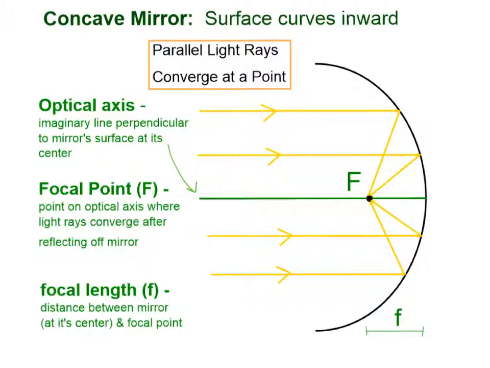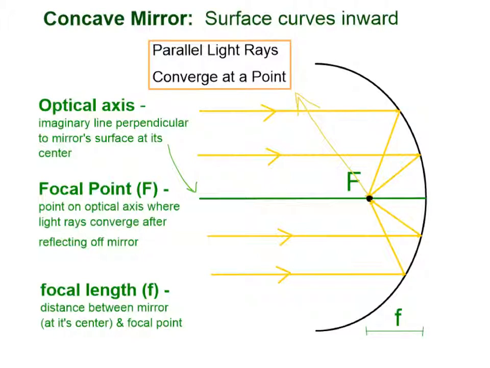The light rays continue to travel afterwards. They continue to go on in a straight line, but they all pass through this point called the focal point. The focal point is always on the optical axis, and the distance between that focal point and the very center of the mirror is called the focal length.